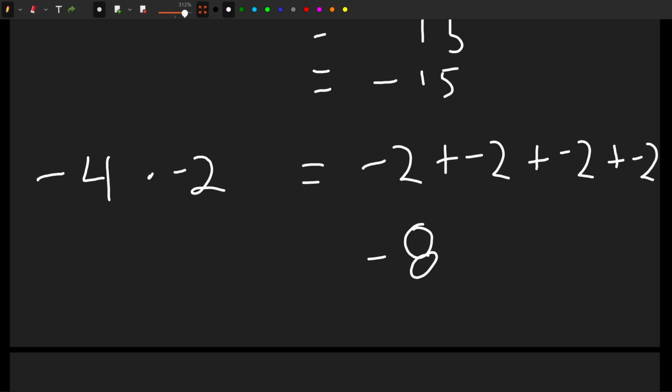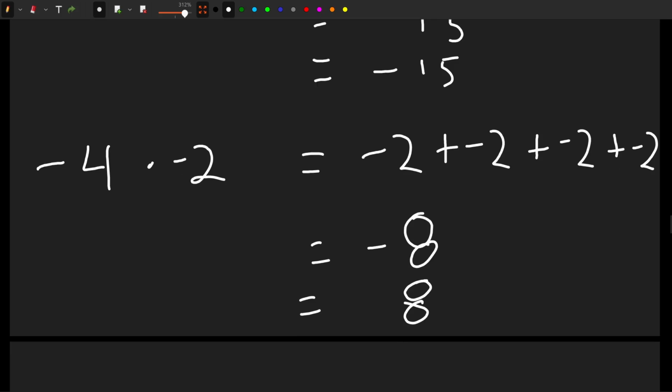But remember that we're taking the opposite of whatever this sign is, and so then it becomes +8. And so that's why a negative times a negative is a positive. Okay. Side tangent over. It's okay if you don't completely understand that, but that's part of the reason as to why a positive times a negative is negative and all the other jazz.